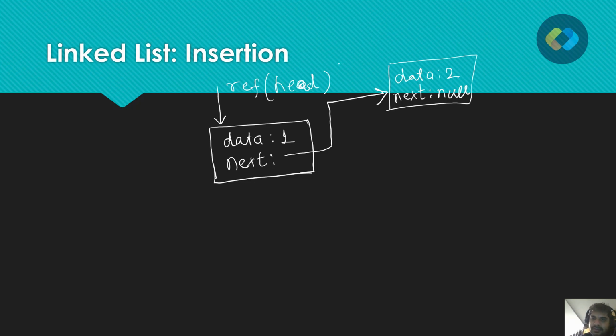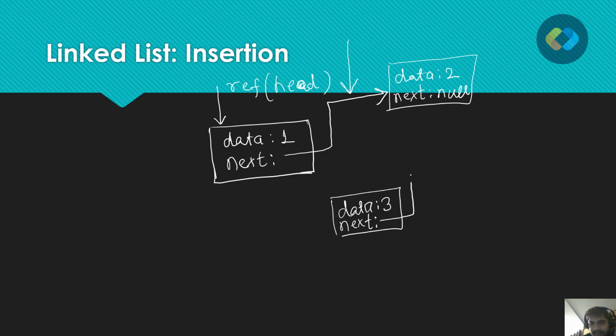Now suppose we want to insert one more node, but we want to insert it in between. Suppose we want to insert 3 in between both of these nodes, right? So what will next be for this?